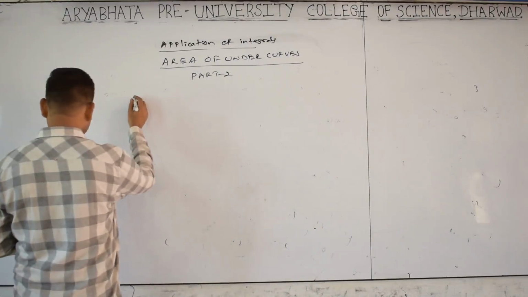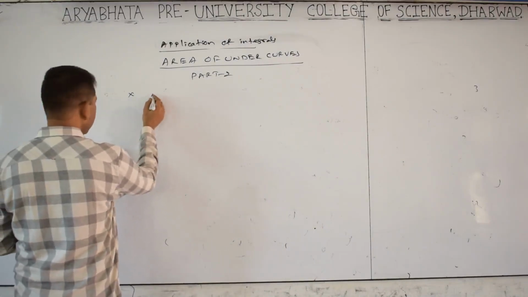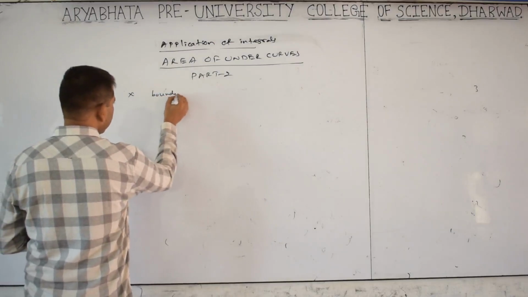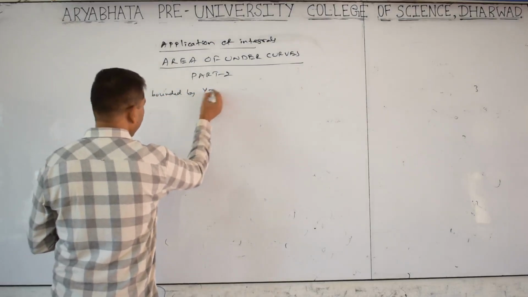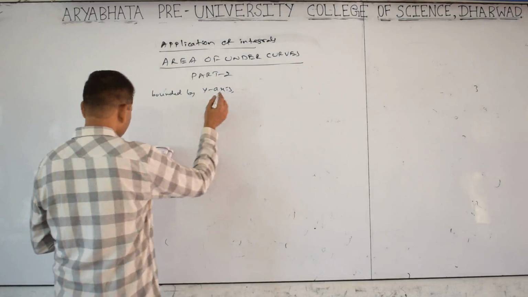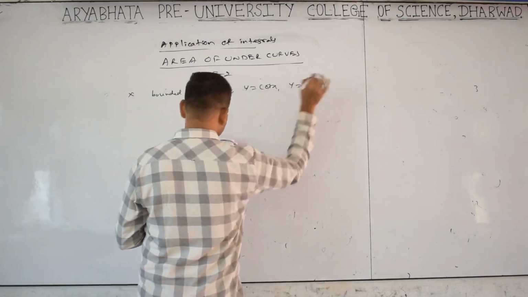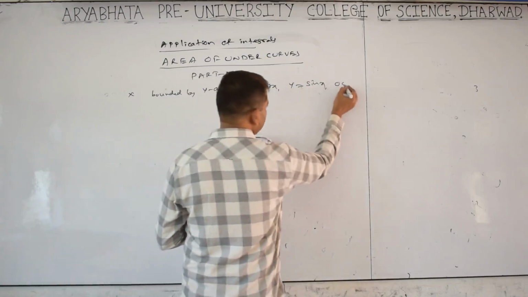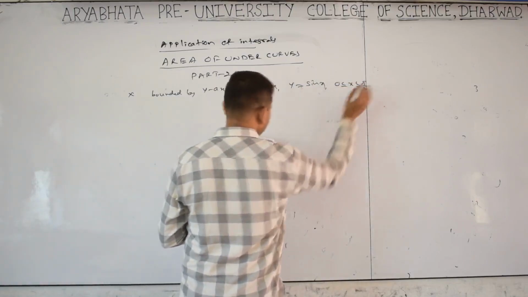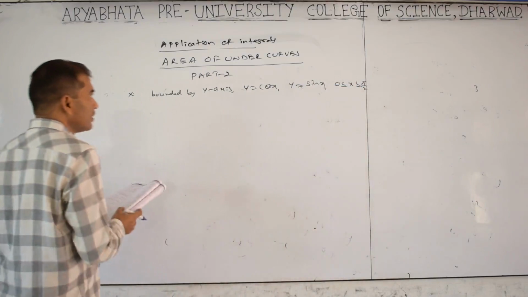Next one is the area of the region bounded by the y axis, y = cos x and y = sin x, with 0 ≤ x ≤ π/2. This is a very important question.